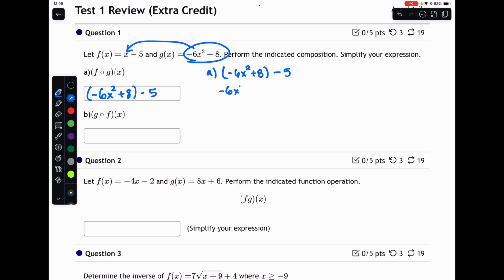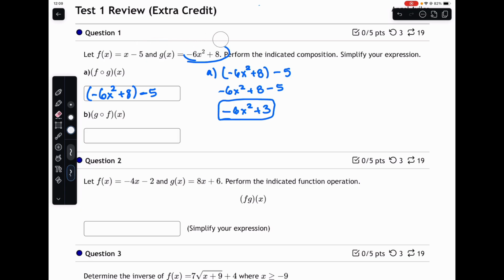Dropping the parentheses and combining the like terms is also an acceptable answer. Whether you just do this or simplify it, you'll get credit. The idea is that you know what direction you're plugging it in.